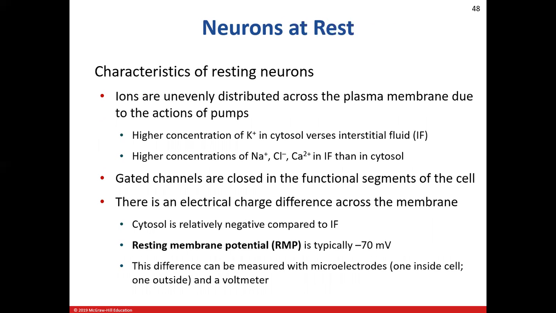We're going to see that we have a higher concentration of potassium in the cytosol, or within the cell, in comparison to outside the cell, or within the interstitial fluid. We also see higher concentrations of sodium outside the cell, but we also see higher concentrations of chlorine and calcium in the interstitial fluid, or outside the cell, than within the cytosol, or inside the cell.